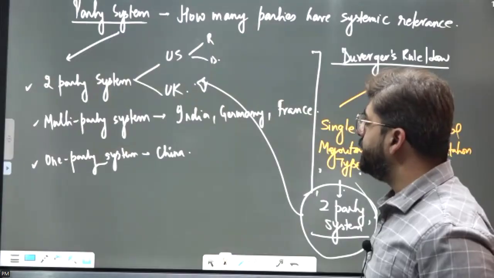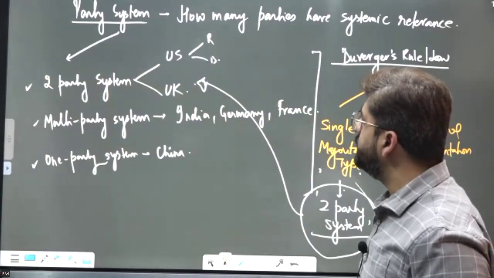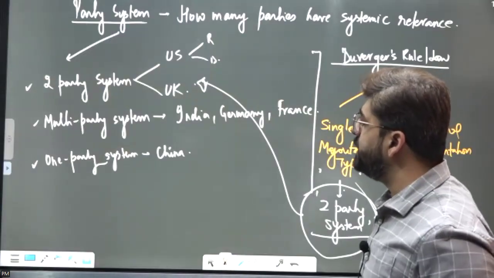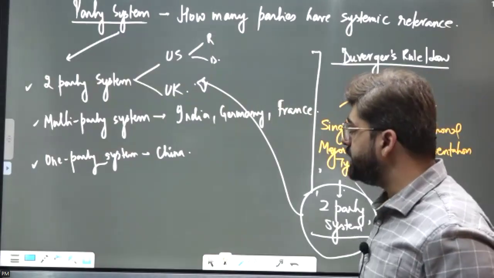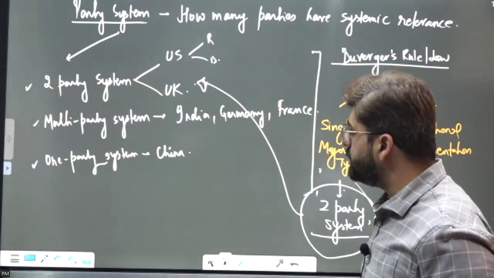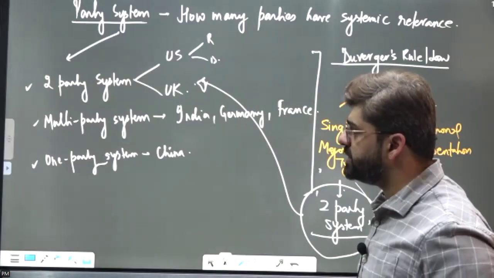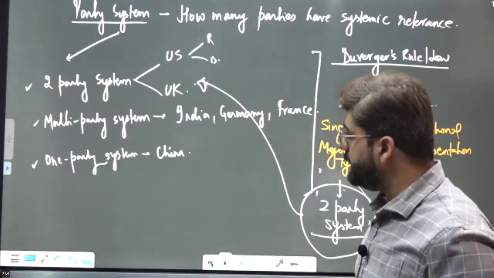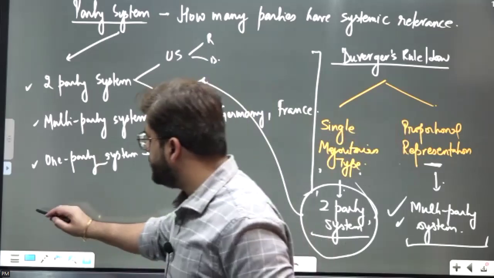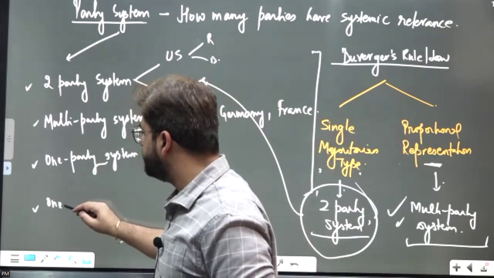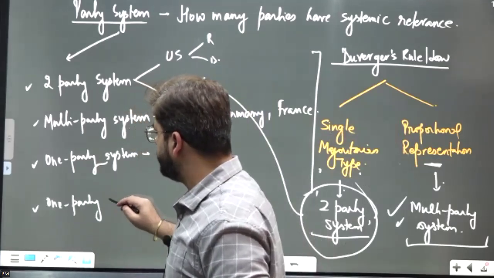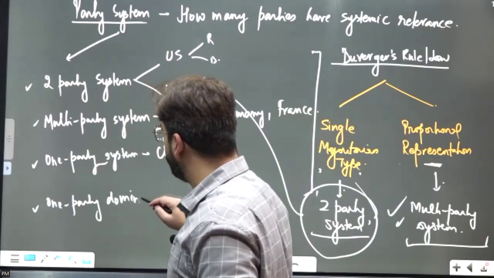Now, we have discussed party system, which signifies how many parties are systemically relevant. And I told you that there are these three frameworks: two-party system, multi-party system, one-party system. And another framework is the one-party dominant system, which was used for India earlier and is being used for India again.